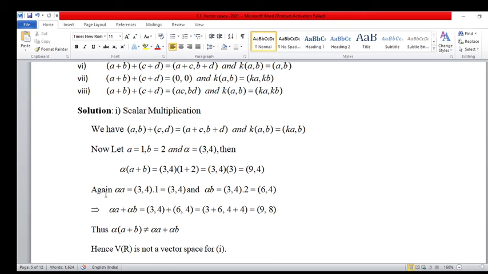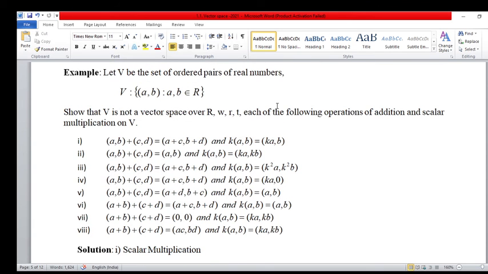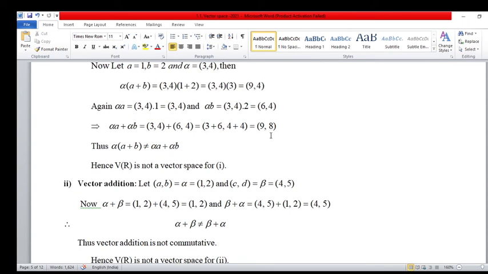Again alpha a is equal to 3a, 3 into 4. This is the value of alpha, and a means 1, so this is 3a. Alpha b, again, this is the value of alpha and the value of b, b means 2. Three twos are 6, and again apply this condition, b, this is the 4.